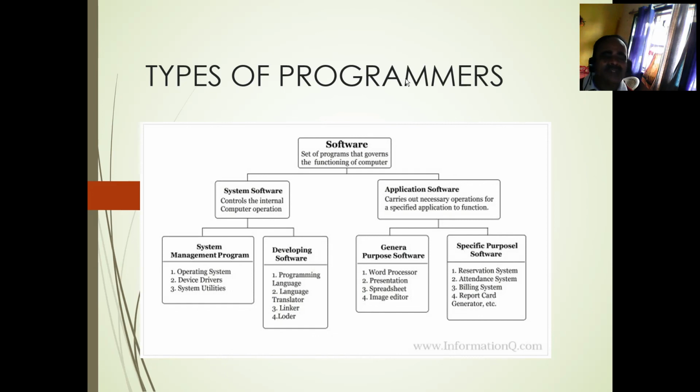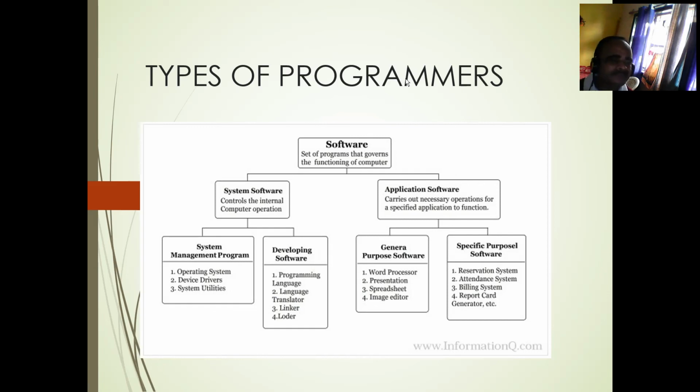Application software has a number of platforms. Somebody wants to develop generic-purpose software, somebody wants specific-purpose software like billing, inventory control system, or attendance software. Somebody wants to develop their own software like Microsoft Excel, an image editor, or a word processor.